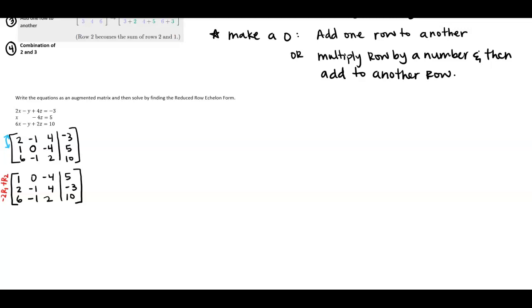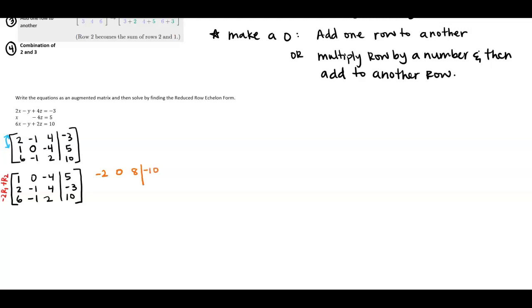It's telling me that I need to take -2 and multiply the whole top row by -2. So that would be -2 times 1 is -2. 0 times -2 is 0. -2 times -4 is 8. And -2 times 5 is -10.